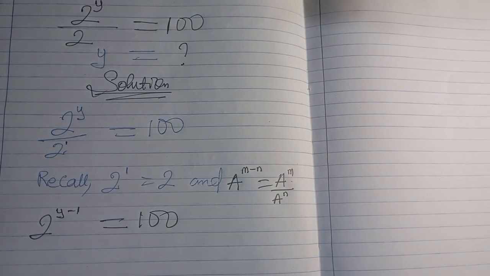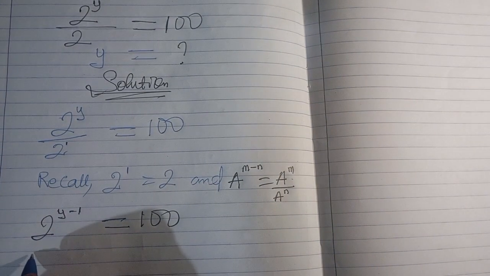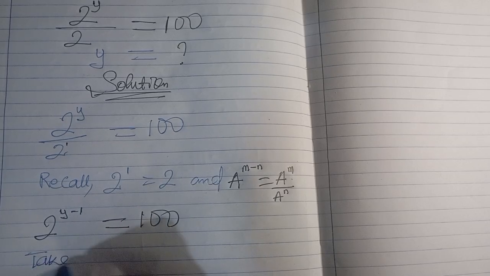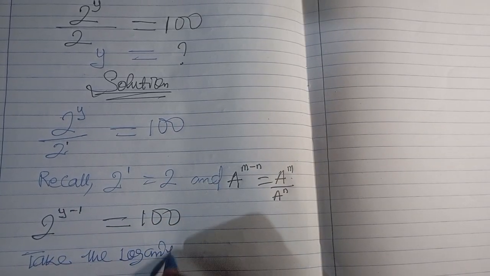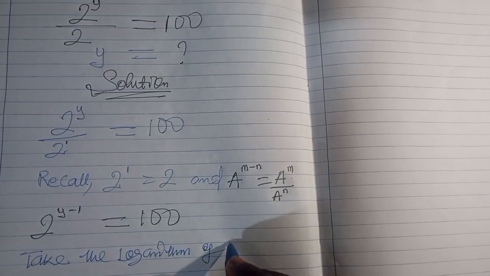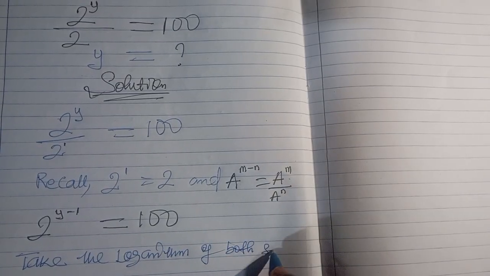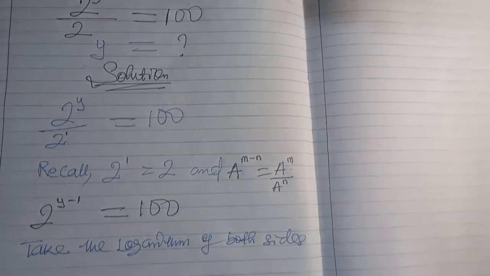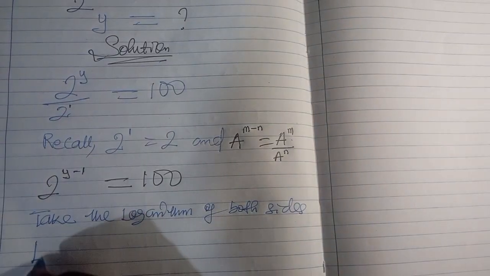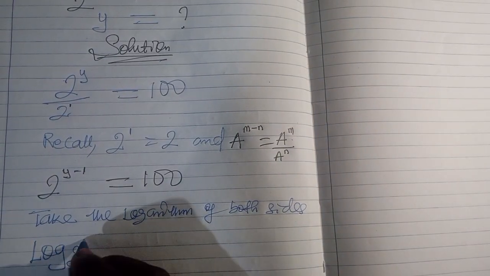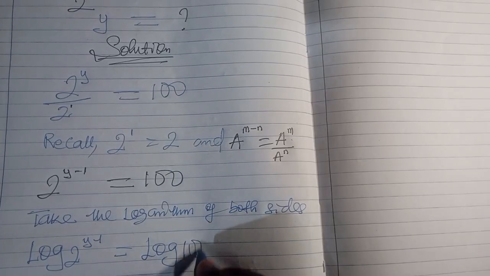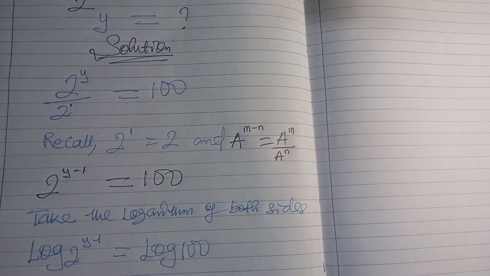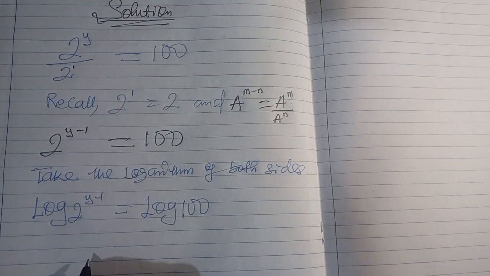The next thing to do is take the logarithm of both sides. Alright, so we are going to have log 2 raised to power y minus 1 equals log 100.